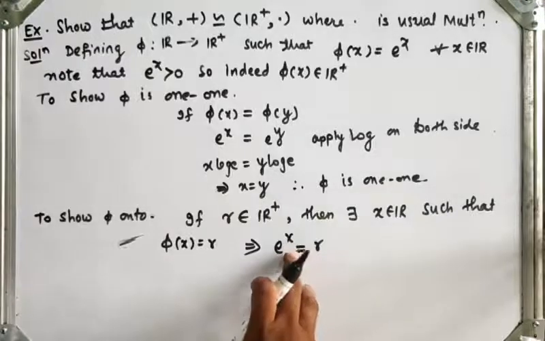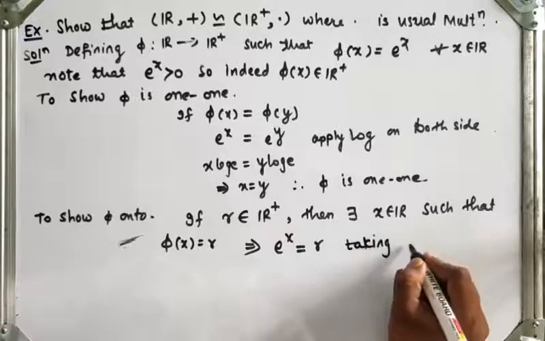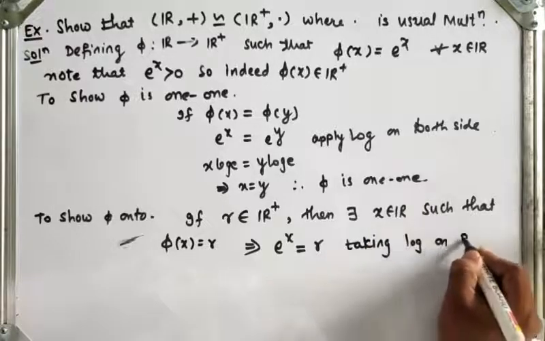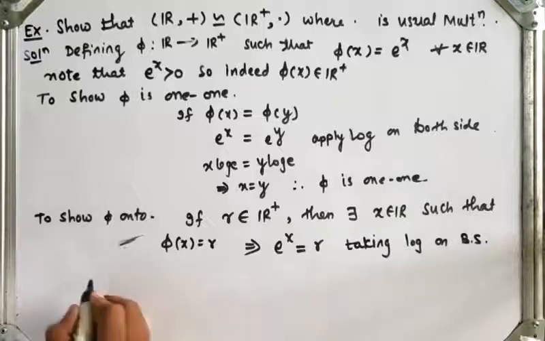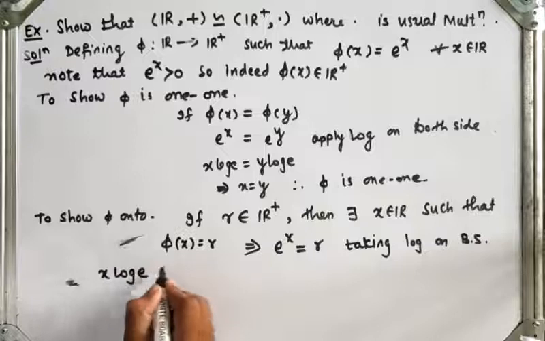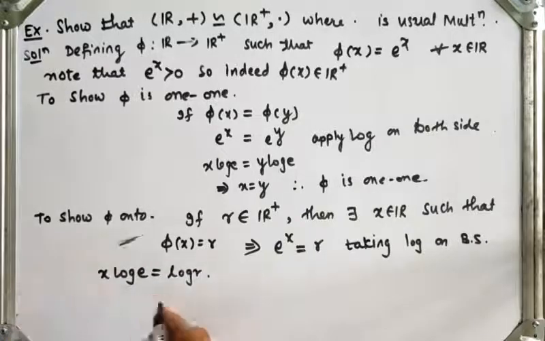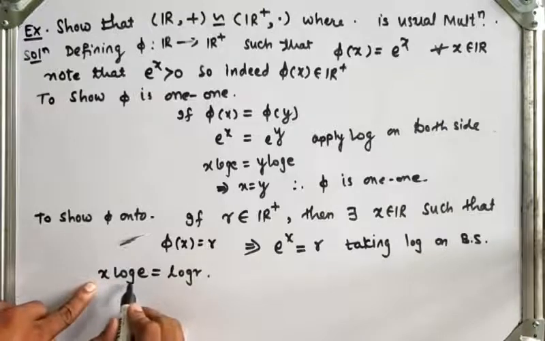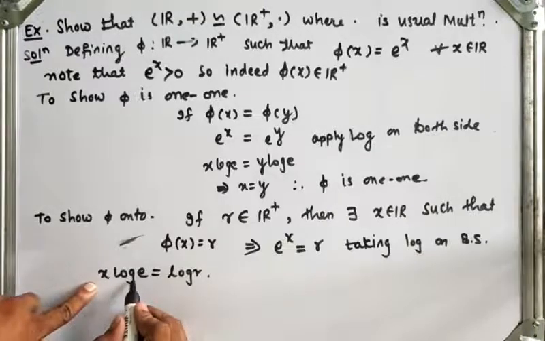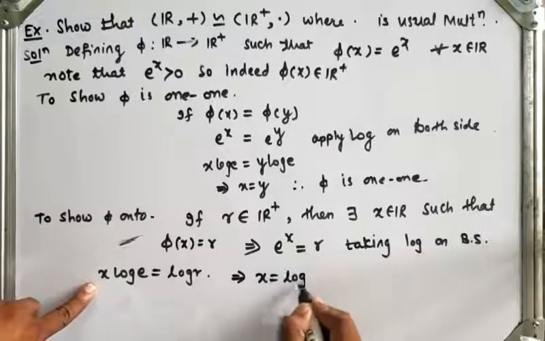So taking log on both sides, what will we get here? x log e is equal to log r. So x into log e, and what is the value of log e? It is 1. So this implies that x is equal to log r.